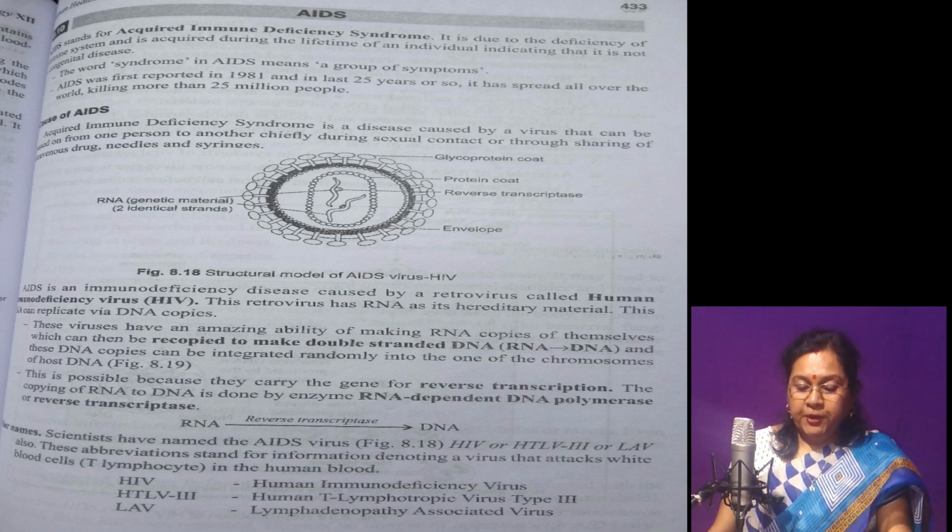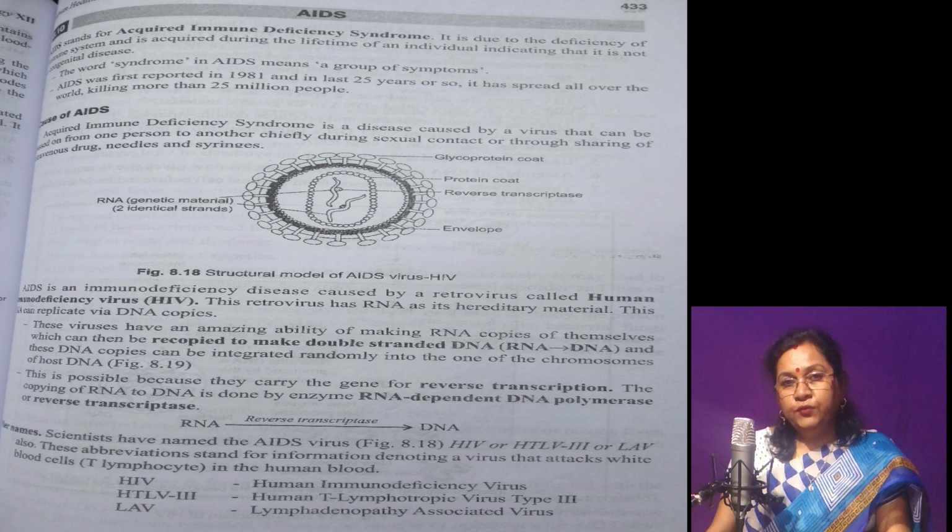But it is not spread by touch or using their clothes, utensils, or food; it spreads only through the body fluids. Hence, the infected person should not be kept in isolation.